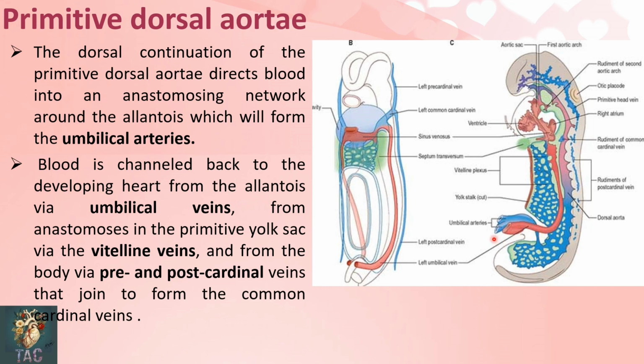The returning channel is the umbilical veins, the vitelline veins from the area of the yolk sac, and the cardinal veins, the anterior and posterior, also called the pre and the post cardinal veins. They join to form the common cardinal veins.